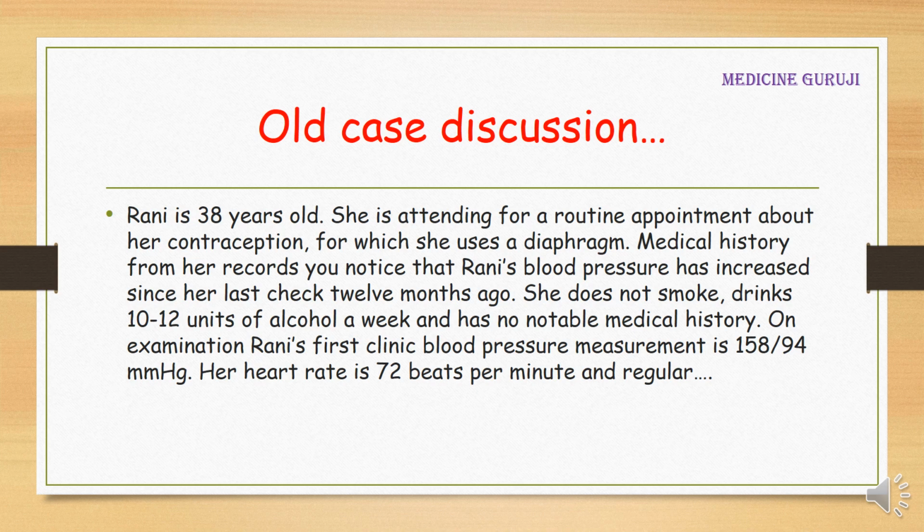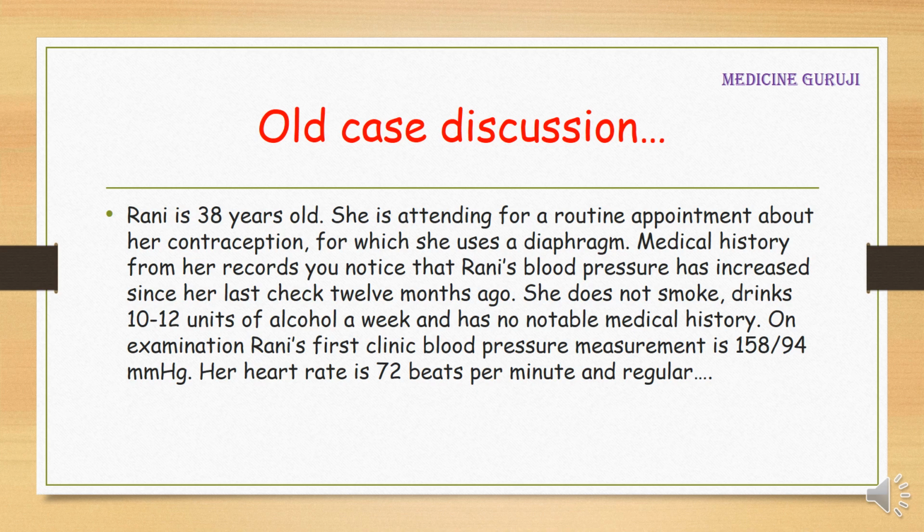First, look, she is using a diaphragm. Is diaphragm a risk factor for hypertension? Use your brain. Medical history from her records, she has a perfect record that blood pressure has increased since last check 12 months ago.